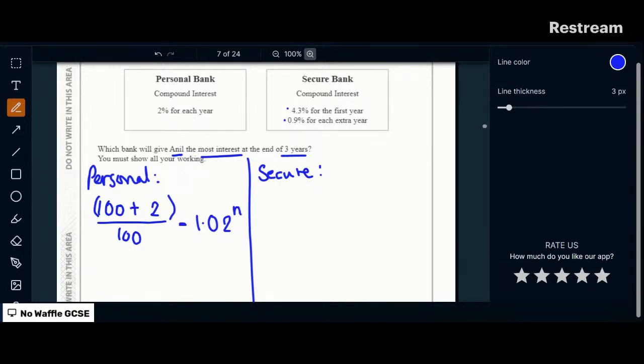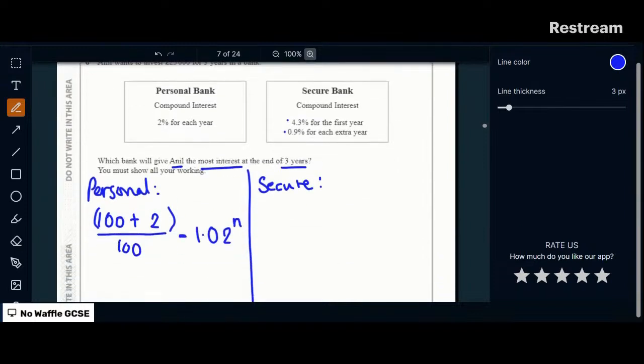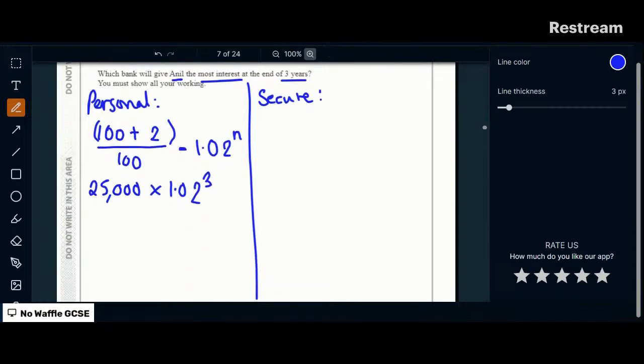So you've got our initial value, which is 25,000, times 1.02 to the power of the number of years, which is 3. Okay, so generally quite simple to work out. And you then have £26,530.20. Okay, so that's how much we're getting that way.